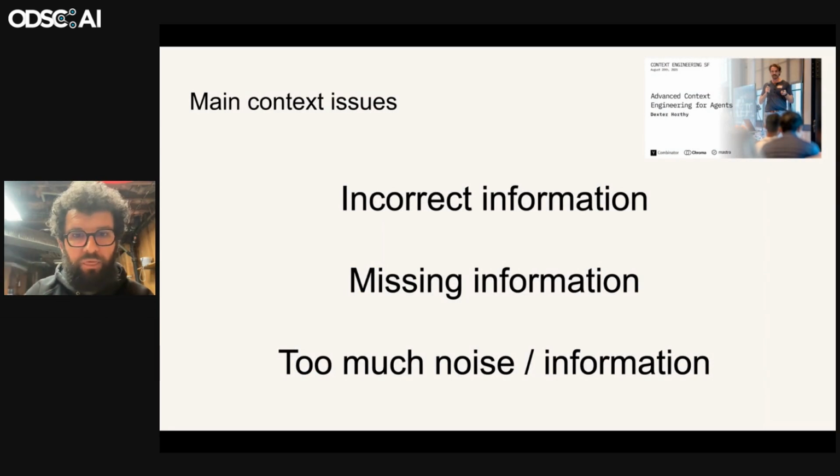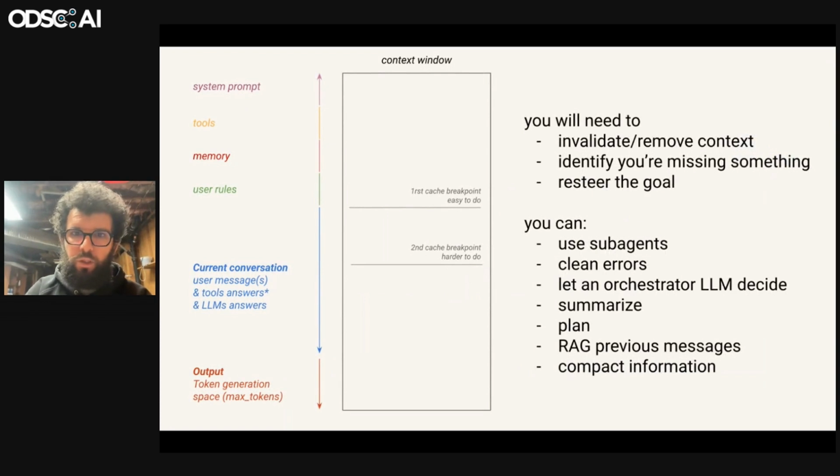All these three things have to be fine-tuned, because you need the best context window for the agent to be the most efficient at answering an issue that we have.